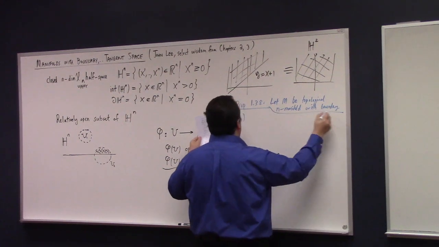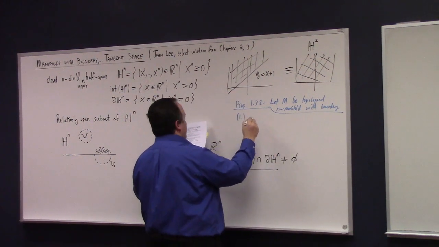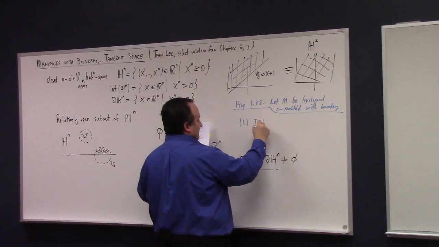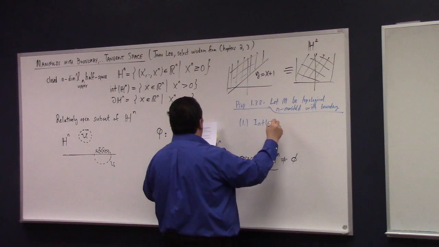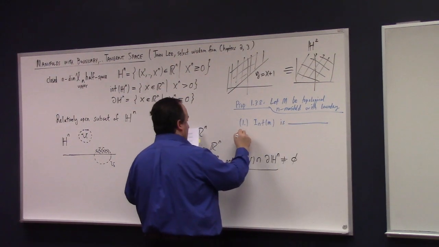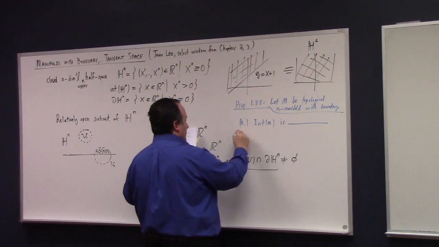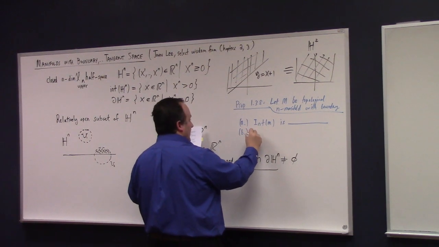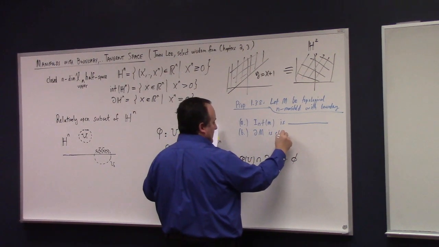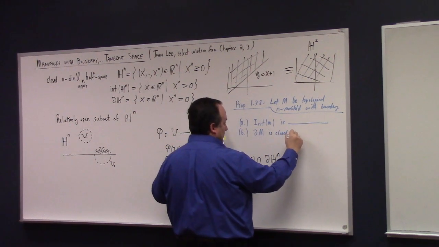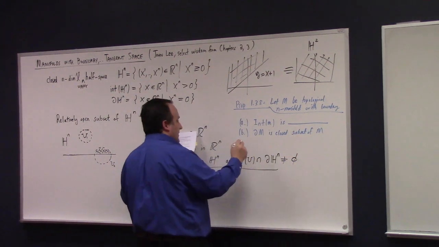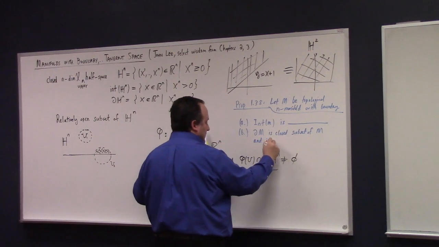Number one, part A, the interior of M is a blank. Part B, the boundary of M is a closed, in the topological sense, subset of M, and is a blank.